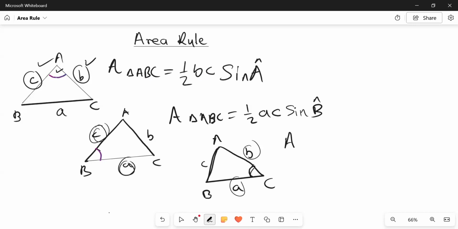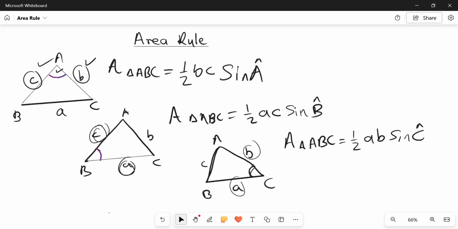So the area of triangle ABC would be 1 over 2, and then two sides you have a and b, and then sine C.